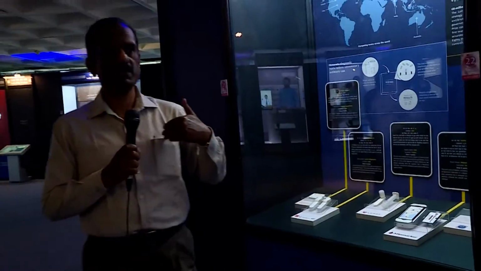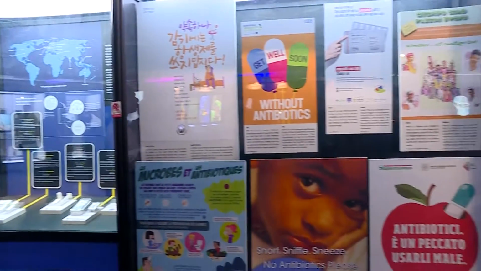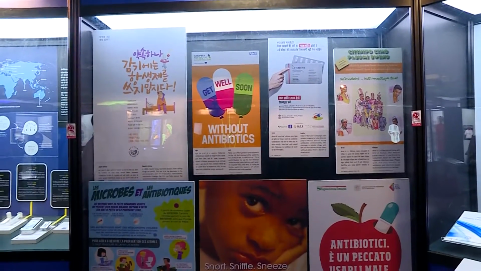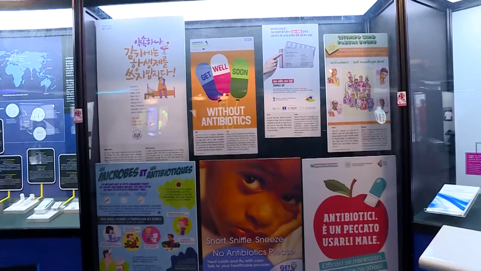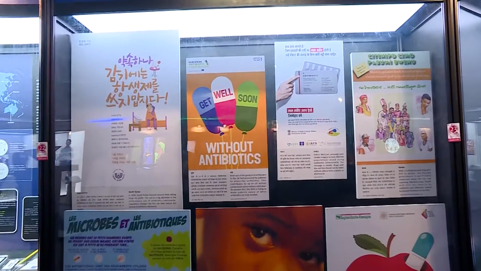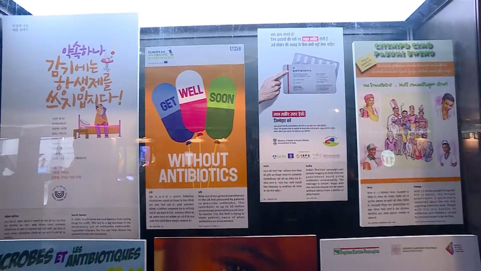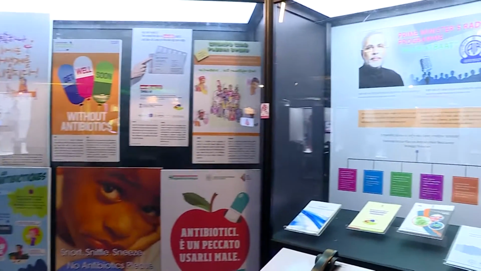Now we come to the last section of the exhibition, wherein the global phenomenon of antibiotic resistance, how we are trying to corner it. Now this is the campaign done worldwide by different organizations about the importance of antibiotics. India is also not left behind.